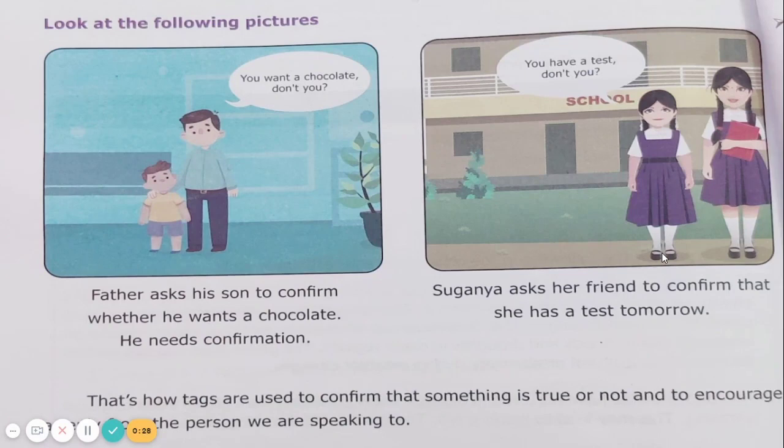She is asking Suganya for confirmation that she has a test tomorrow. So in these two sentences, you can see how tags are used to confirm whether something is true or not, and to encourage a reply from the person we are speaking to, that is the person who is listening to us.